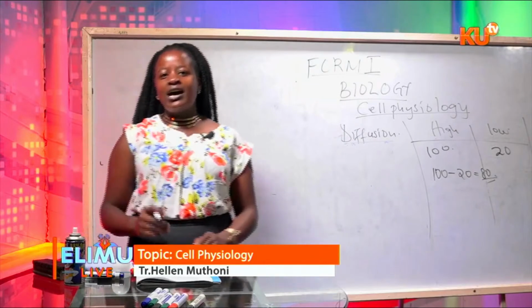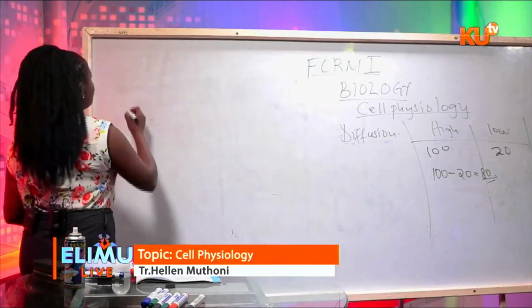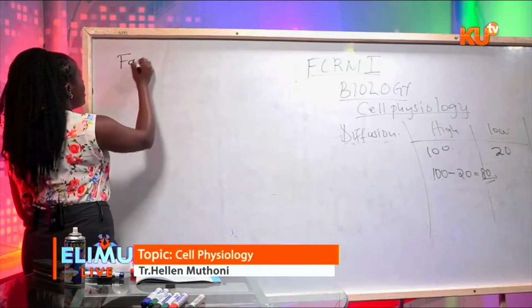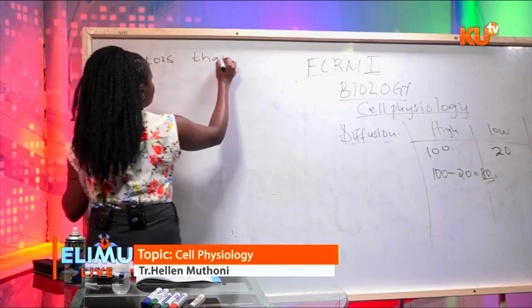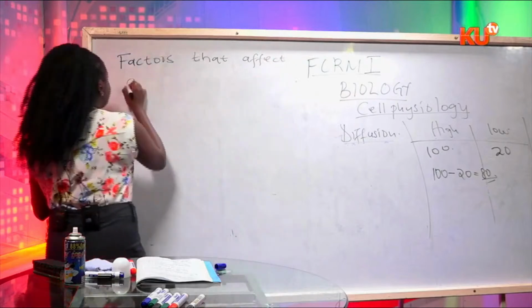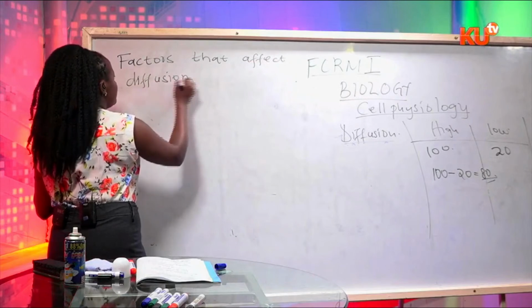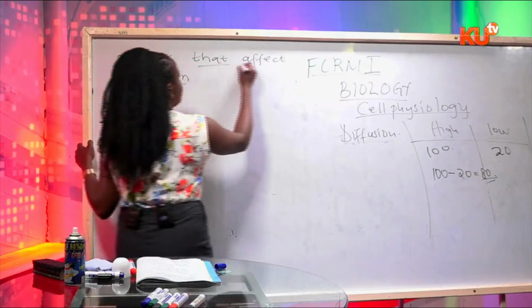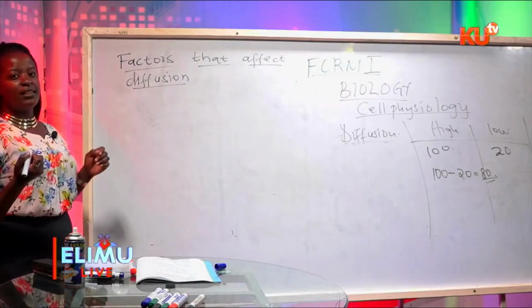Now these factors are 7 in number, and there's an acronym that you can use to remember these factors. Factors that affect diffusion. They are 7 in number. So there's an acronym that you can use to remember these 7.